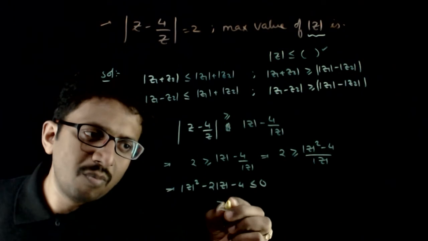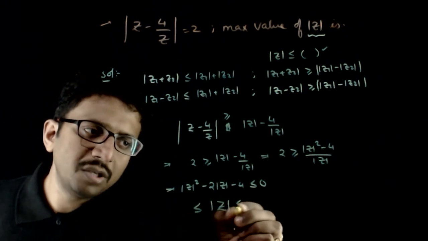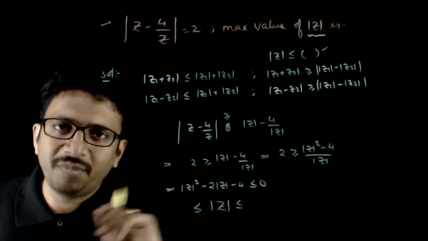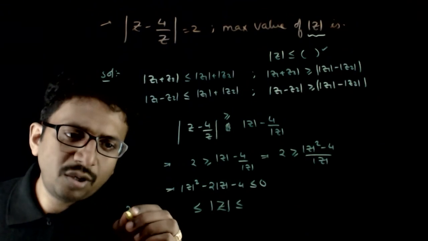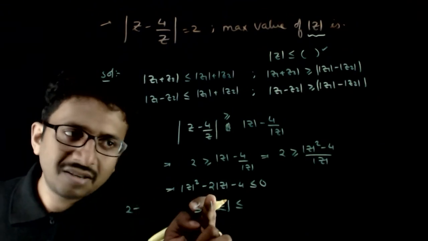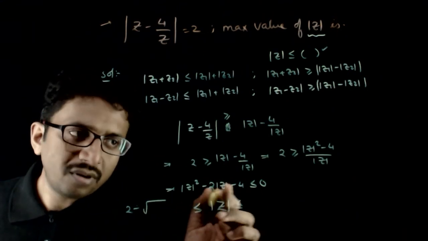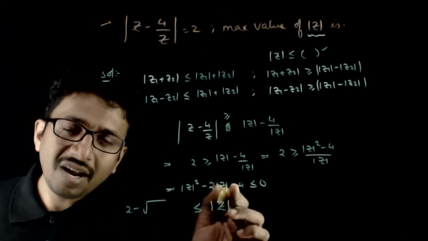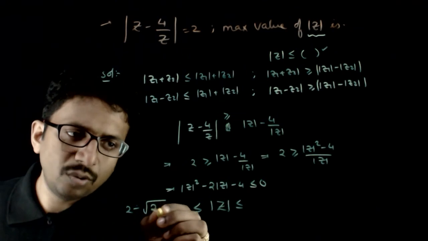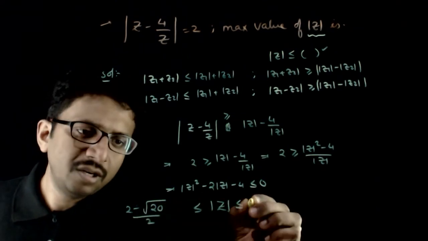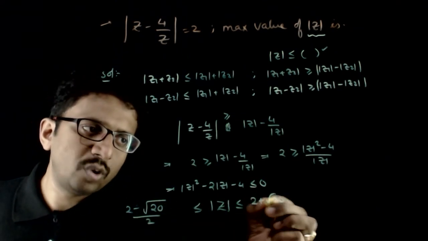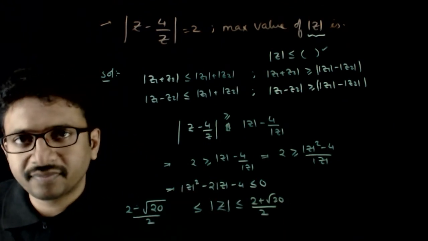So mod z belongs between the lower root and the upper root. Using b square minus 4ac, that is 4 plus 16, root 20, the roots are 2 minus root 20 by 2 to 2 plus root 20 by 2. So these are the roots.